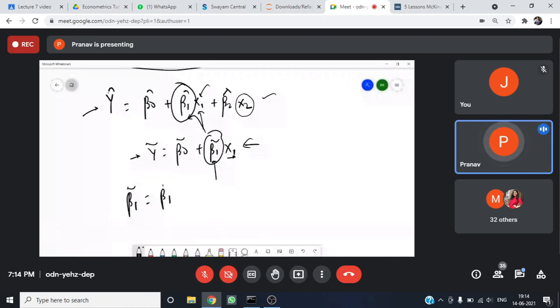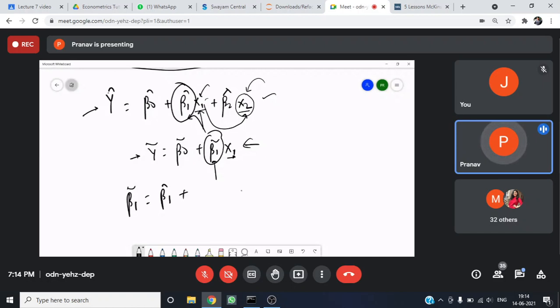So let me write it as beta 1 hat plus, since you have taken x1 and x2 explicitly in the model, what it means is that in this multiple linear regression model, apart from influencing y directly, x1 also has an indirect effect on y through correlation or movements in x2.